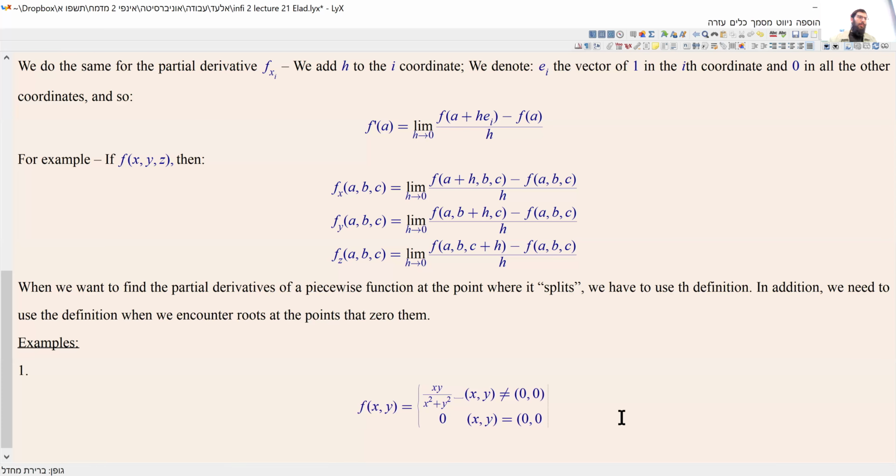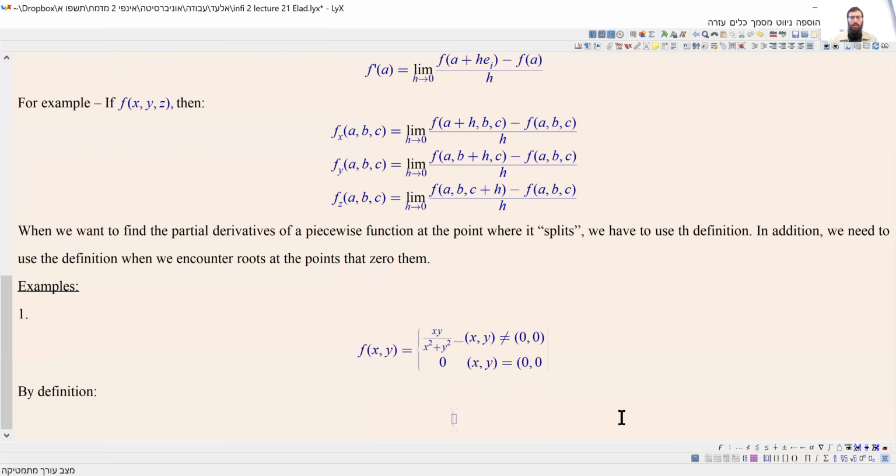Okay, so by definition, the derivative of f by x at (0, 0) is the limit as little h goes to 0 of f(0 + h, 0) minus f(0, 0) over h. Now, specifically here, it's pretty easy to calculate. f(0, 0) is 0.